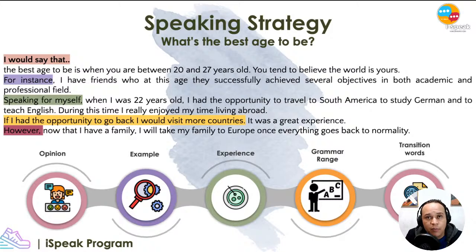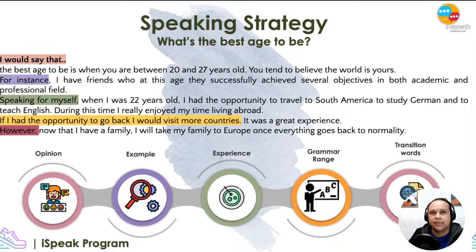You can use the grammar range. In this case, obviously, I used simple past, but the main idea is to focus also on those grammar range that we are maybe having difficulty or issues with, right? And also transition words that will help us improve our connections between one sentence and the other sentence.